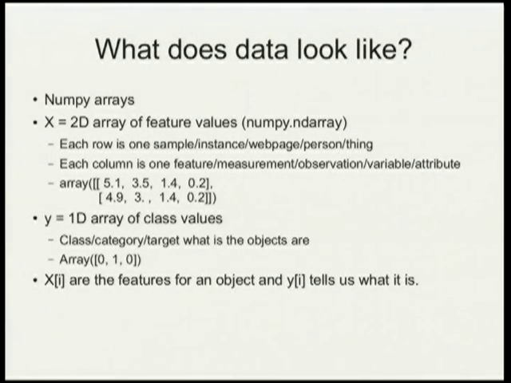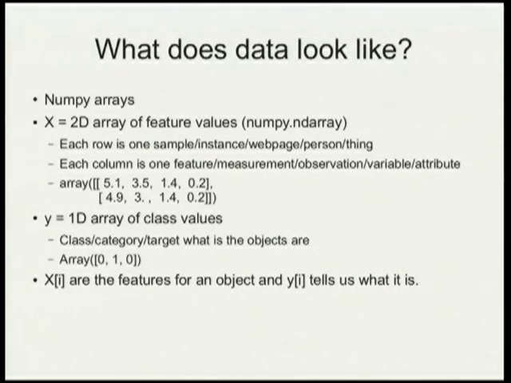The example I've got up here is from a famous data set of iris plants, and the first row corresponds to one plant, the second row corresponds to another plant. The first column, I think, is the length of the petals on that plant, and the second column is the width, or I might have those around the other way. So we can say that, for instance, the width of the petal of the first plant is 3.5 centimetres, or equivalent. So this is our X matrix, and this describes our things.